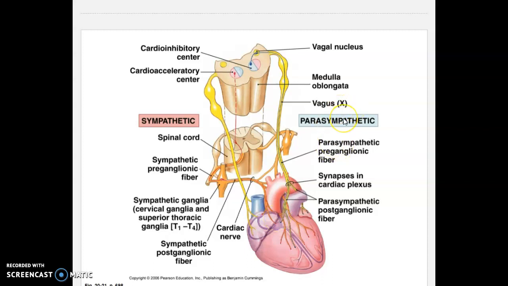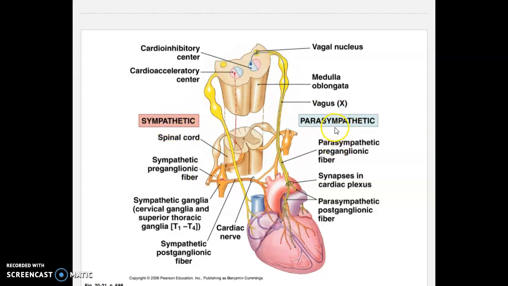Now, on your parasympathetic side, you've got your vagus nerve to keep a brake on the heart. You've got the cardioinhibitory center up in your medulla oblongata that will trigger your vagus nerve, that cranial nerve, to keep a brake on your heart. And so this is going to be active more than the sympathetic, because most of the time we're in a rest and digest state, not an emergency state.